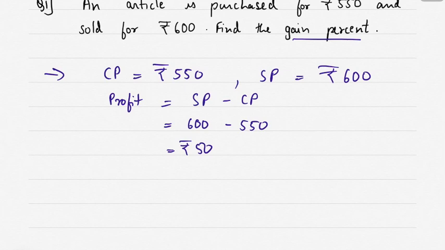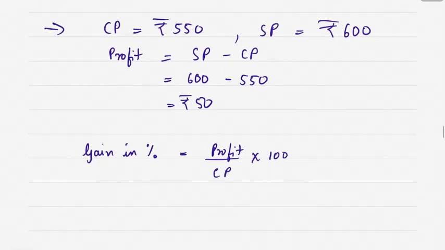So gain in percent is equal to profit upon cost price into 100, which is 50 upon 550 into 100.